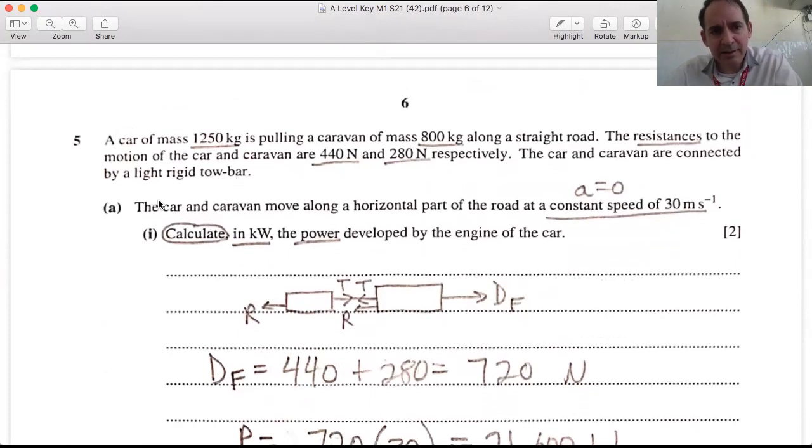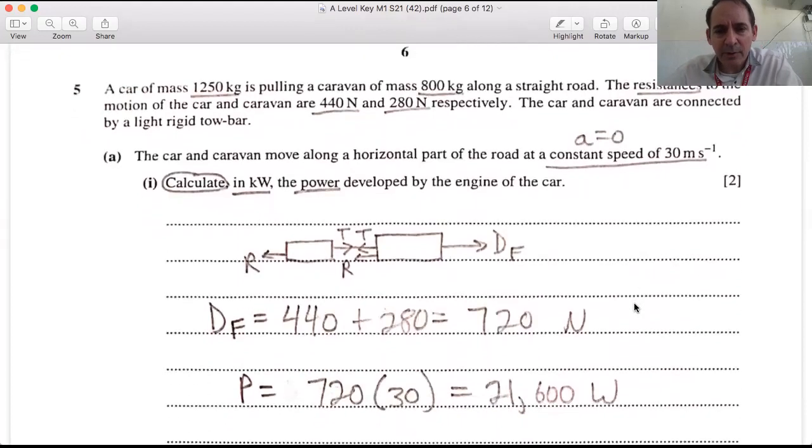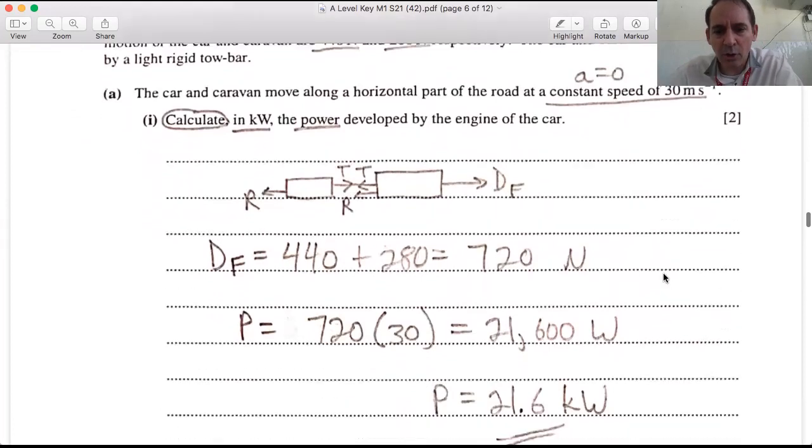So part A, the car and caravan move along the horizontal road at a constant speed of 30 meters per second. Well, constant speed means there's no acceleration, which also means there's no net force. So if there's no net force, we're going to want to deal with our car and caravan as a whole.